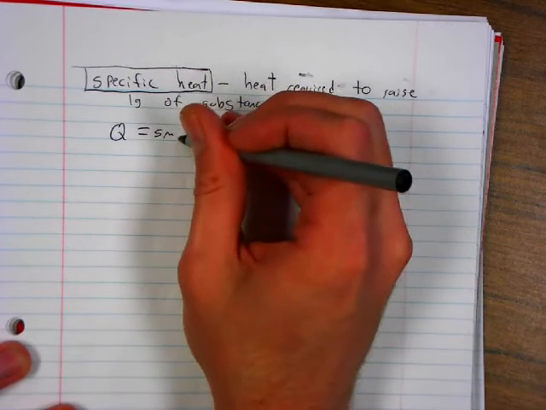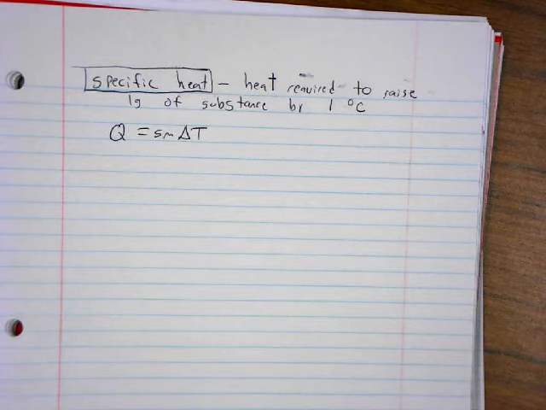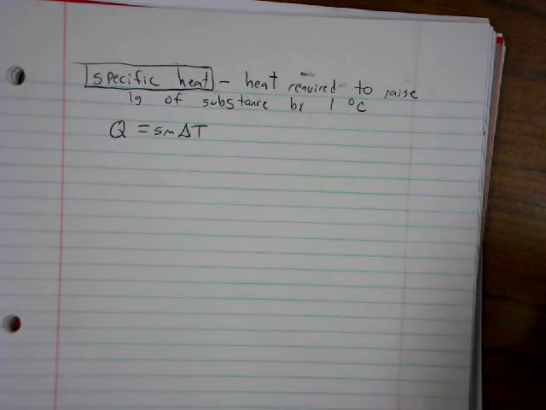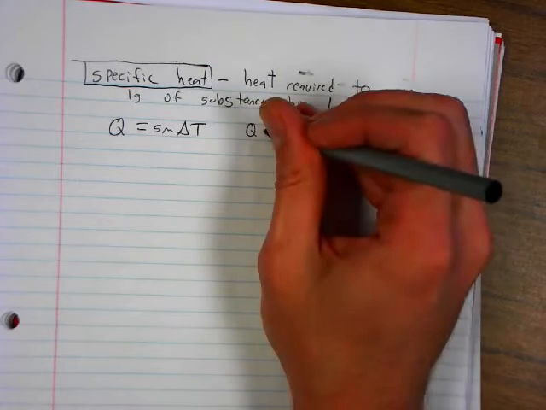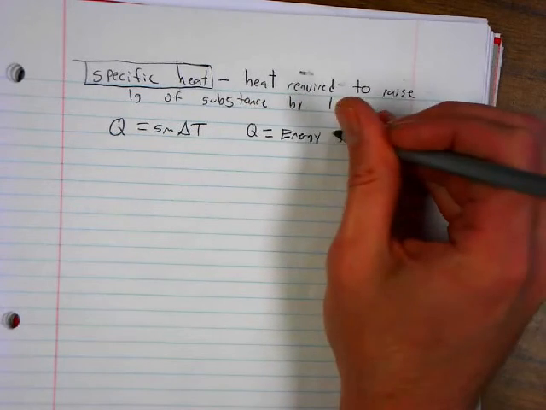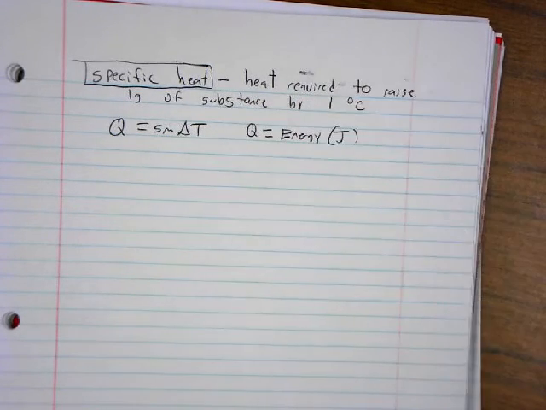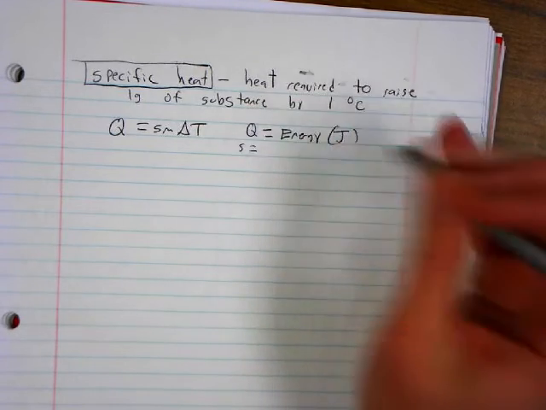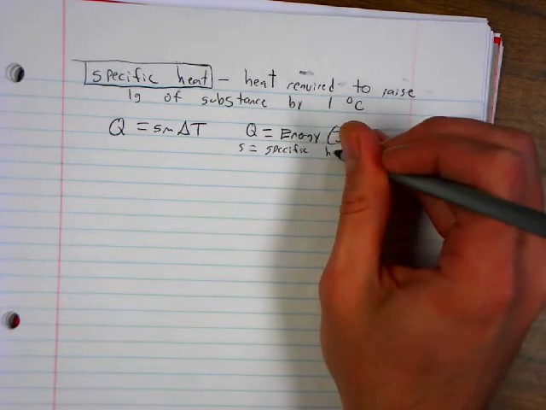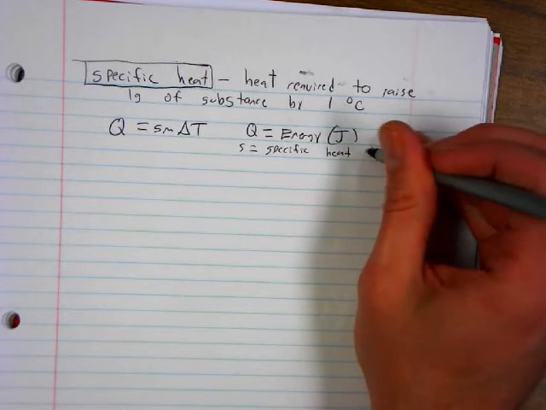The equation we use in here is Q equals SMAT. It may have been MCAT freshman year. I don't remember how we did it freshman year, but we used SMAT in AP chemistry. Q equals the energy in joules, or the heat.